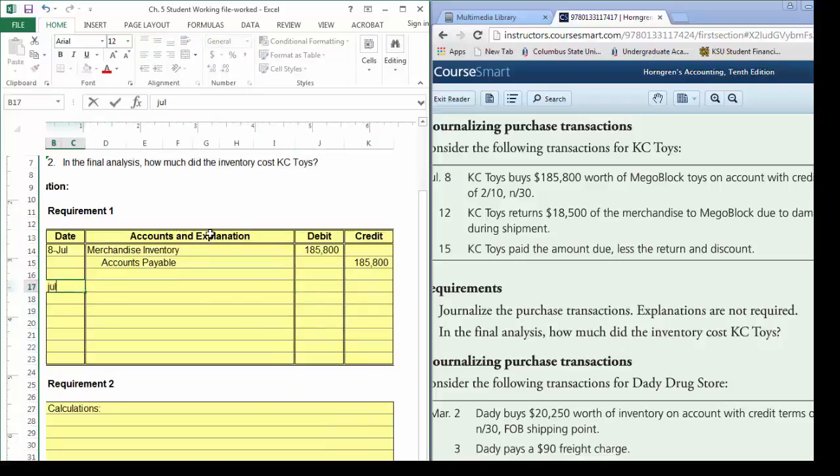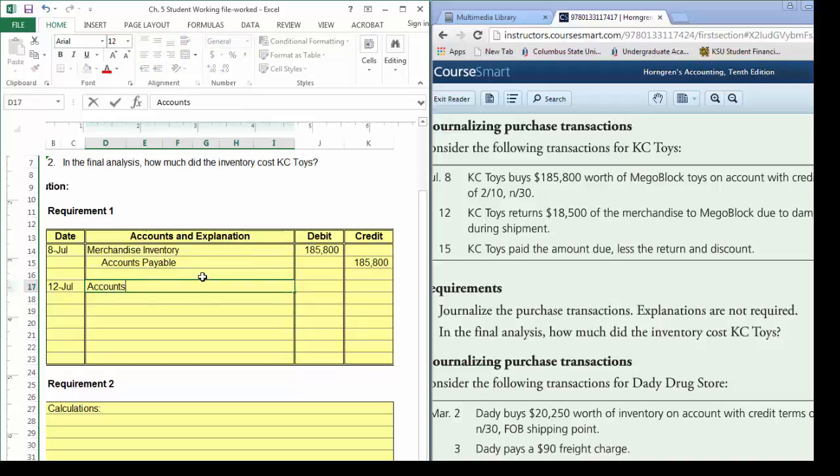Then it says on July 12th, KC Toys returns $18,500 of the merchandise to Mega Block due to damage during shipment. So we don't want this inventory, we're returning it to Mega Block. We're the ones buying it, so when we return something, all we have to do is simply reverse our initial entry, the one we did on July 8th, for the amount of the inventory we're returning.